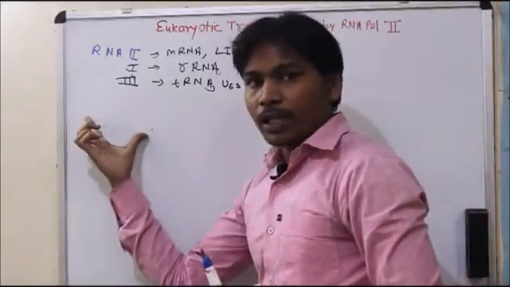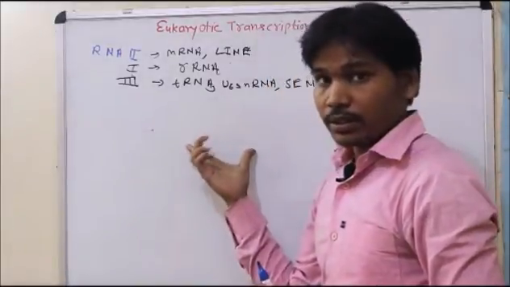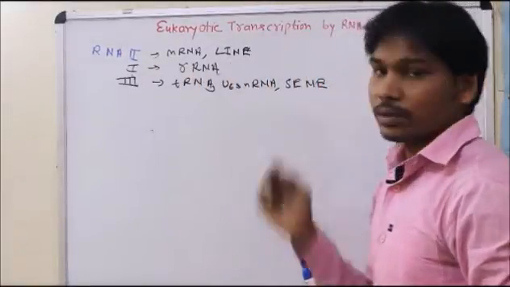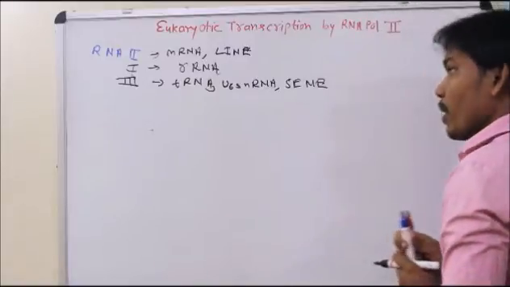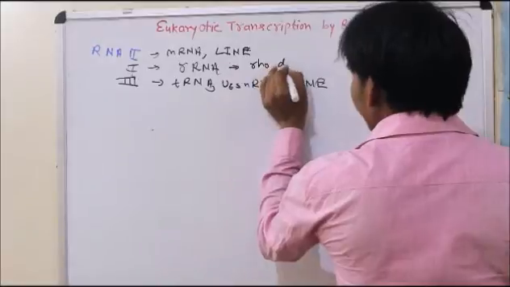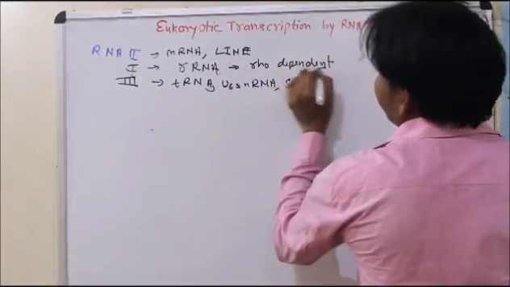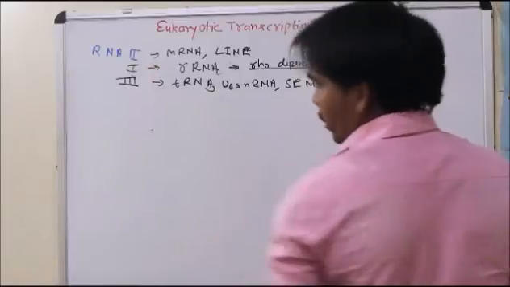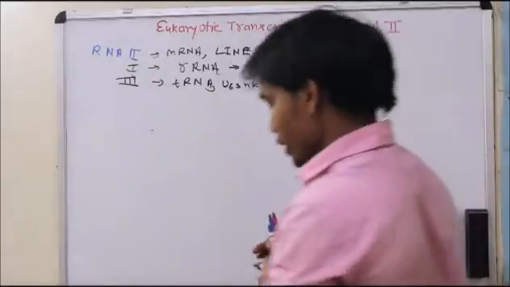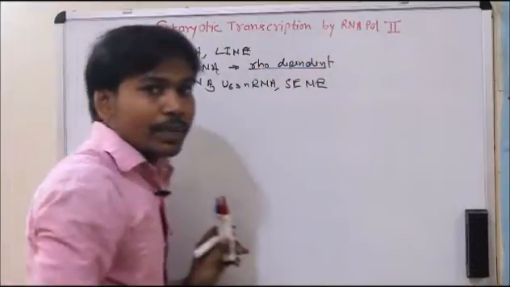All these polymerases need termination because all transcription requires termination. This is Rho-dependent termination for RNA polymerase I, similar to bacteria.